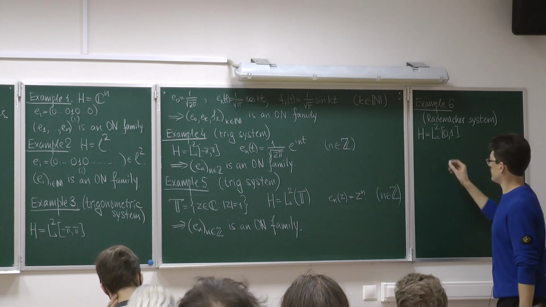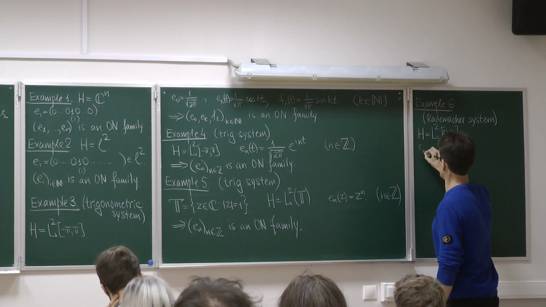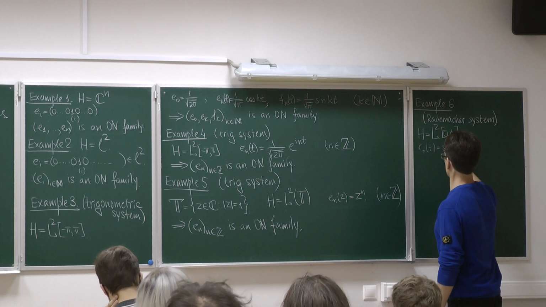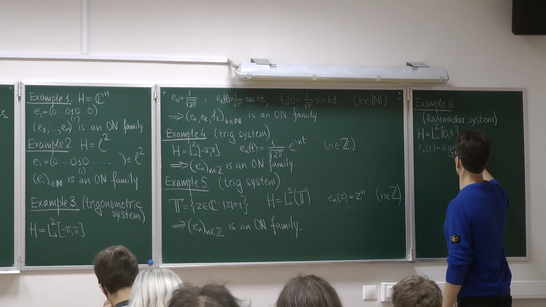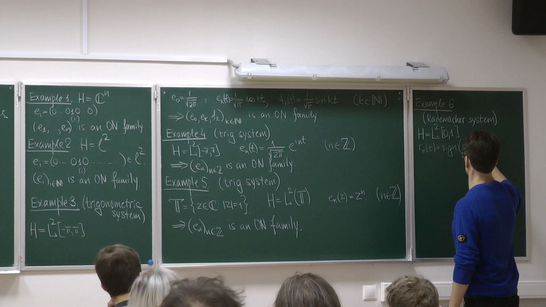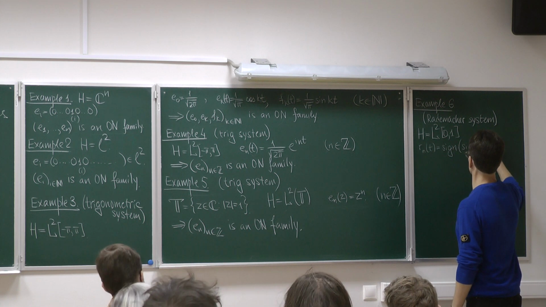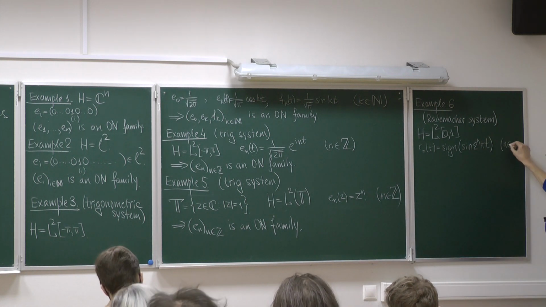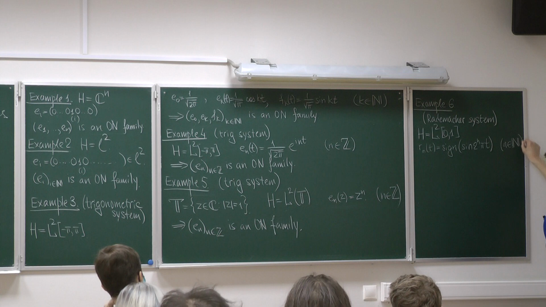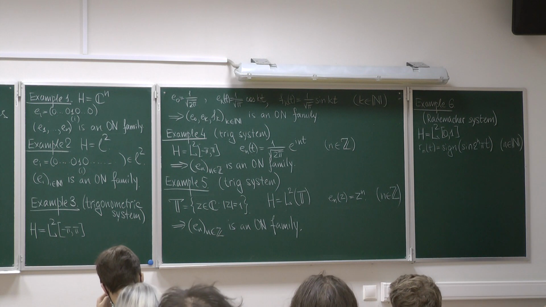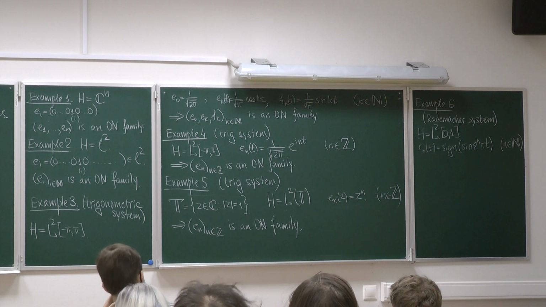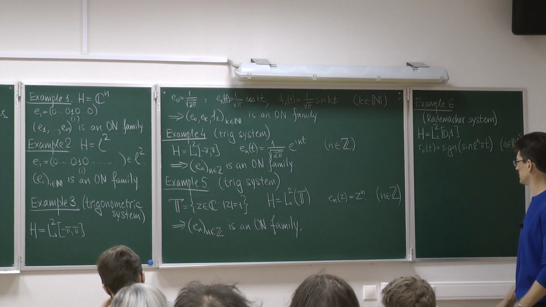And our functions Rn are given by the following explicit formula. This is the sign of the following function. So this is the formula, and to understand explicitly what these functions look like, let's draw a picture.